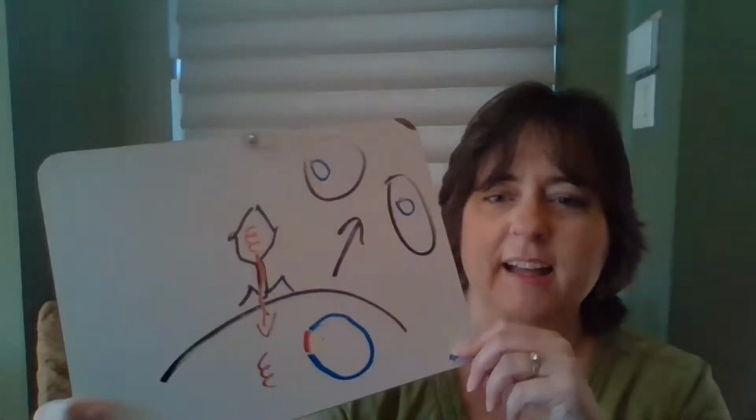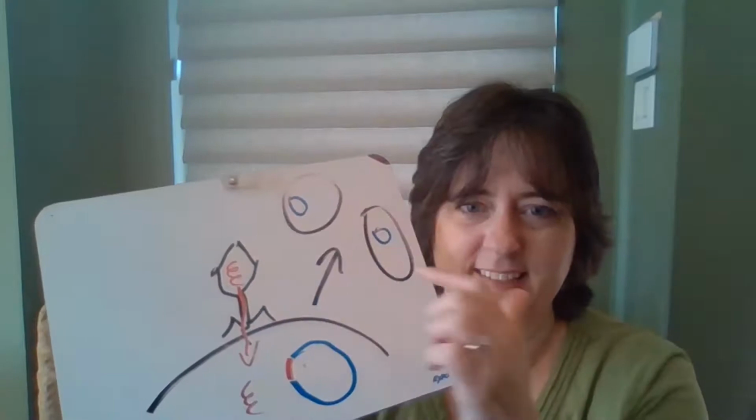It can even replicate. So if this cell replicated, it can go through binary fission, right? And make two cells. And each one of those cells is going to have a chromosome in it, and each one of those chromosomes is going to have the viral nucleic acid in there.